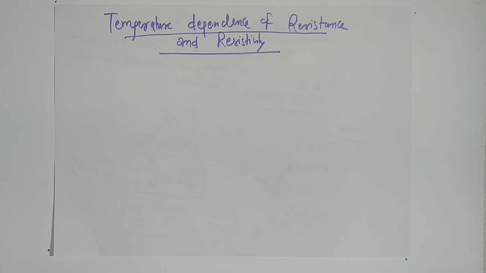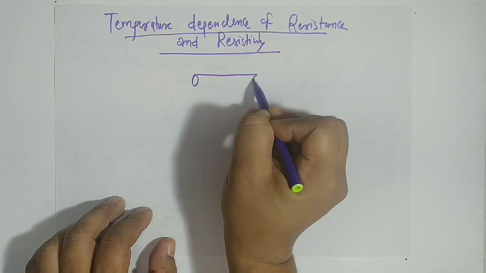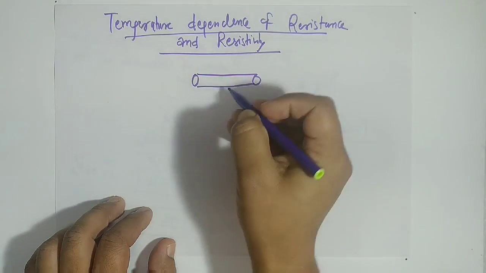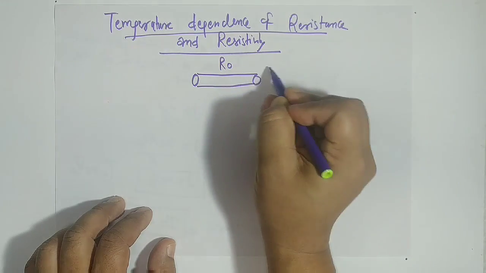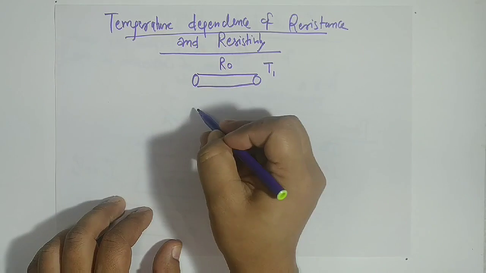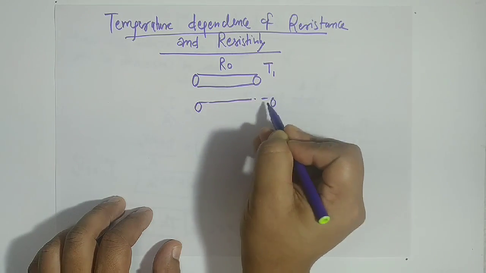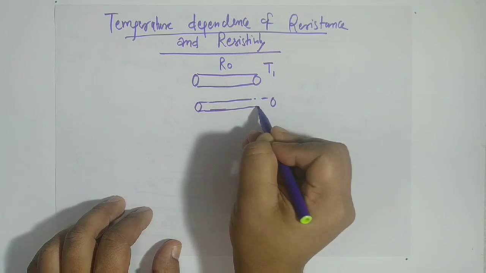So we will have a very important relation regarding this. Now I think all of you know, if there is a conductor, say of resistance R0 and temperature T1. After some time, if the temperature is increased, all of you know that its length increases.